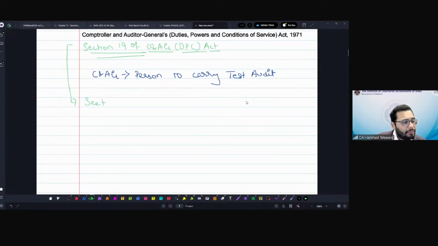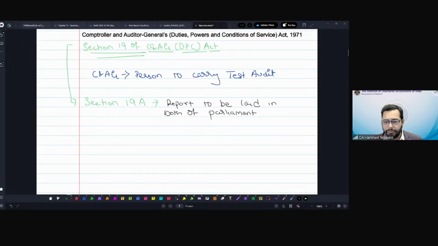So once this audit, or any audit under section 19, is done, then section 19A requires the report to be laid in both houses of parliament or state assembly.